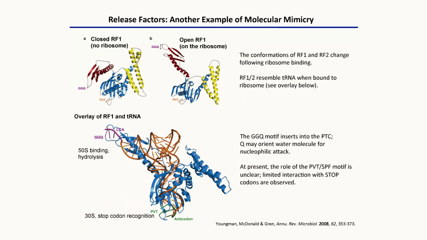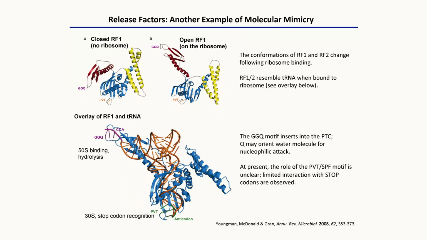So similar to EFG and the ternary complex of EF-Tu, GTP, and the tRNA, we have another example of molecular mimicry with these release factors. And so initially, when release factor 1 was crystallized, the structure shown here was obtained. So this was the protein crystallized in the absence of the ribosome.